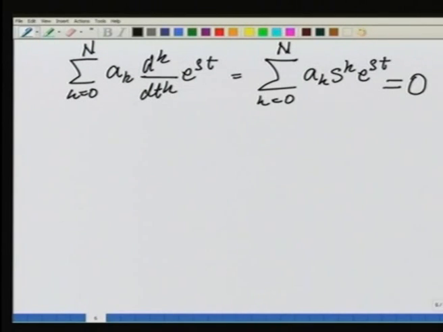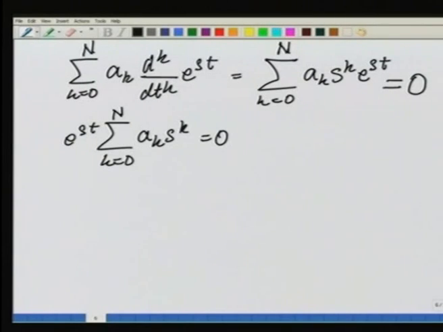So, it can be taken out of the summation and we can write this as e to the st times the summation k equals 0 to n of a k s to the k, this equals 0.